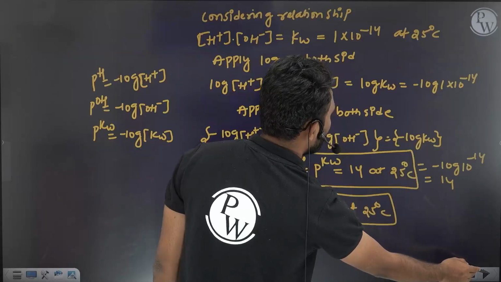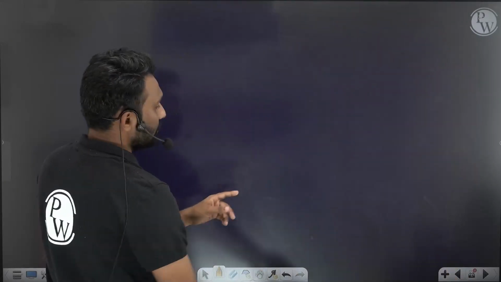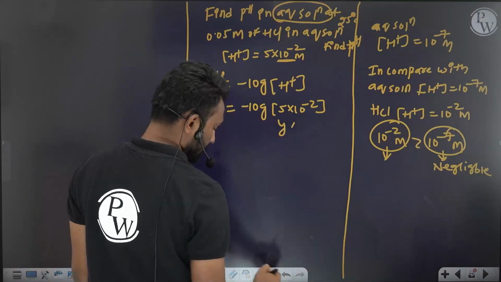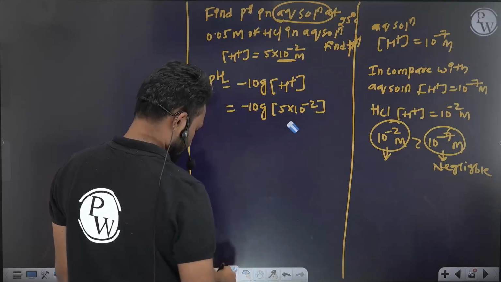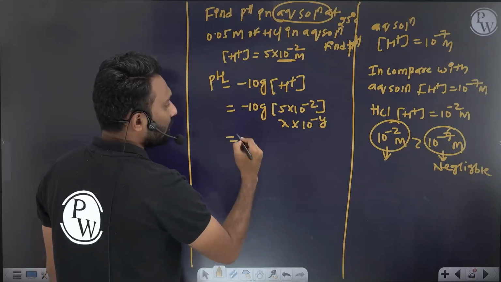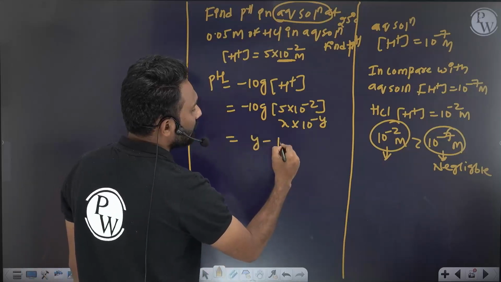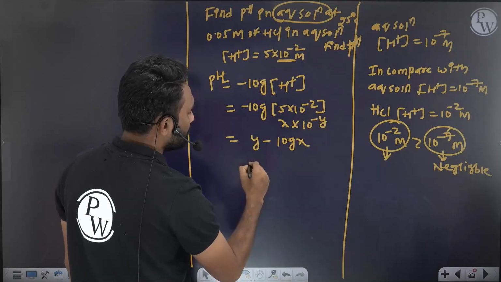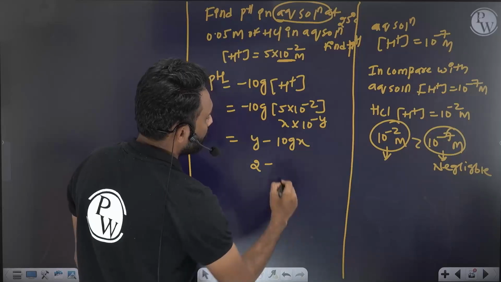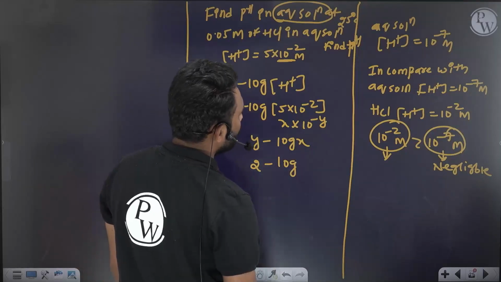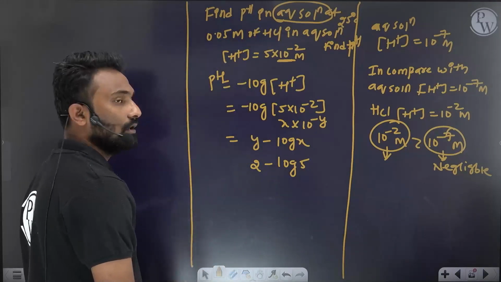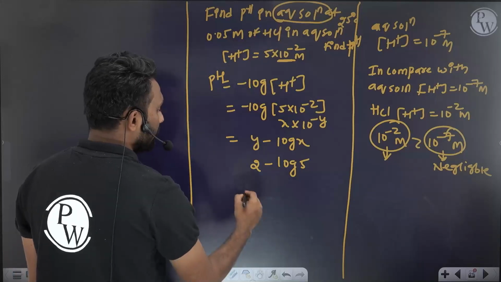Here it is also in the form of x into 10 to the power minus y, so it will be equal to y minus log x, which means 2 minus log 5.